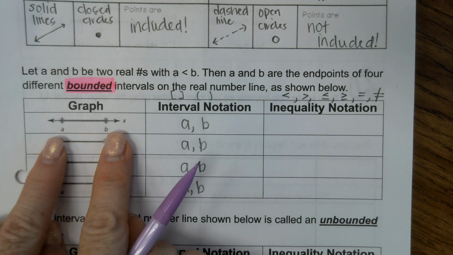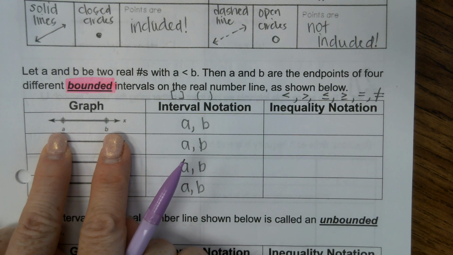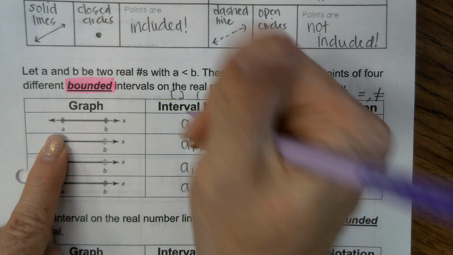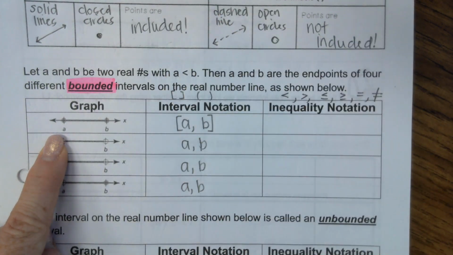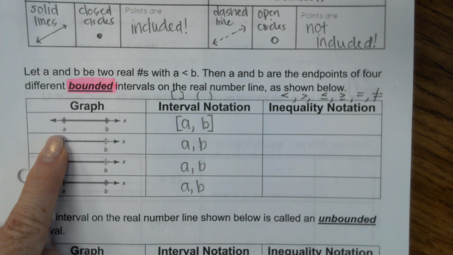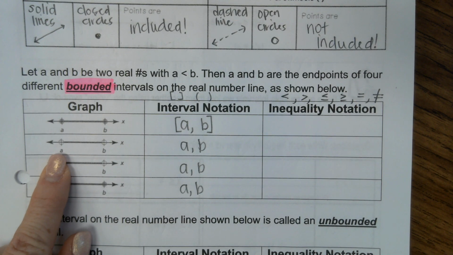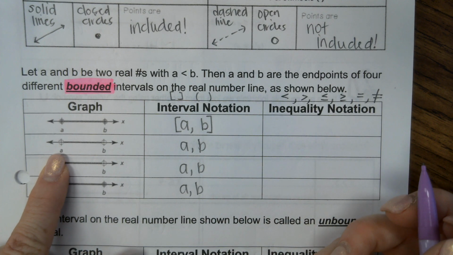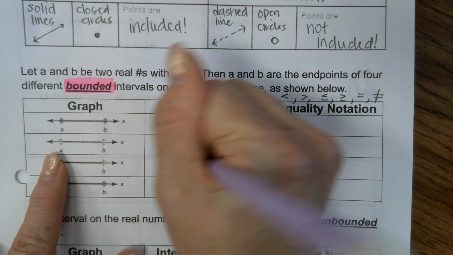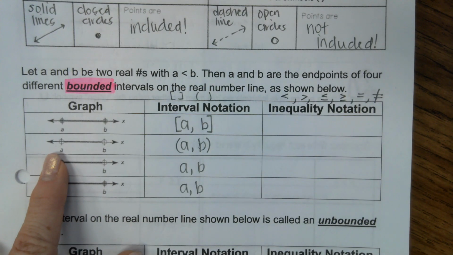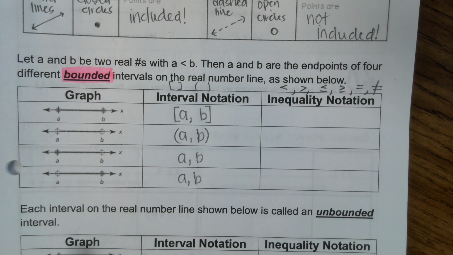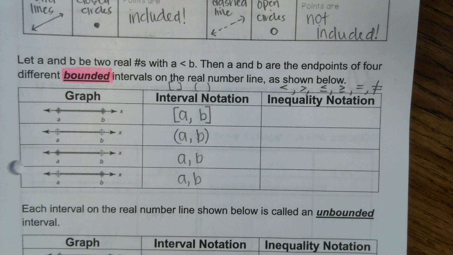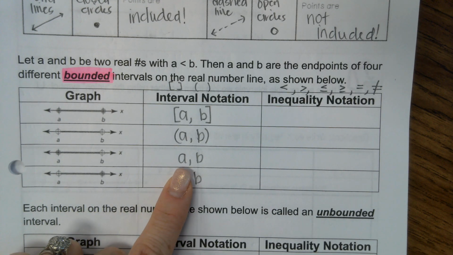All right. So this one, A is included and B is included. So we would say it goes from A to B where both of those values get included. Here I have both open circles. So both A and B get parentheses. Okay, what about this one?